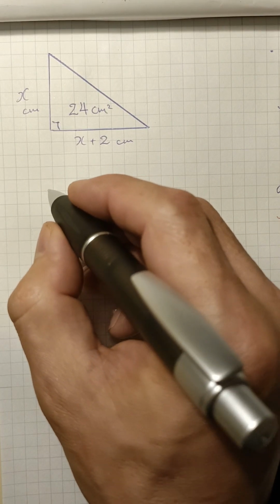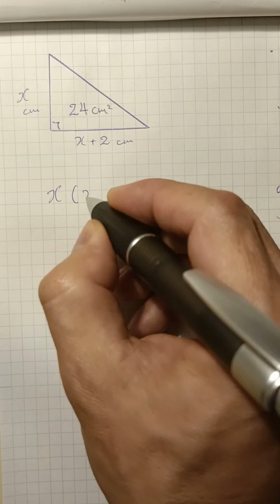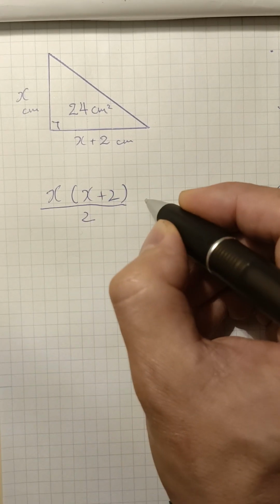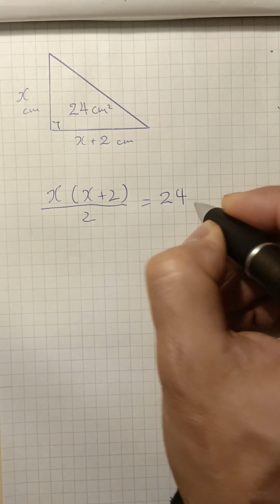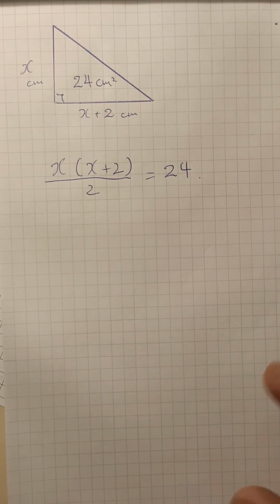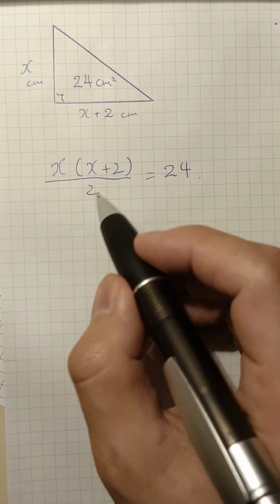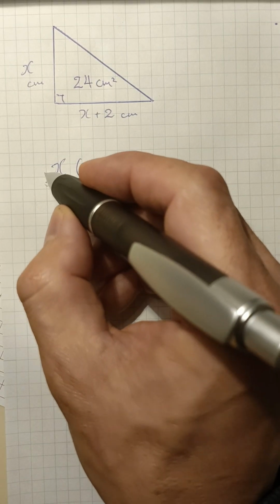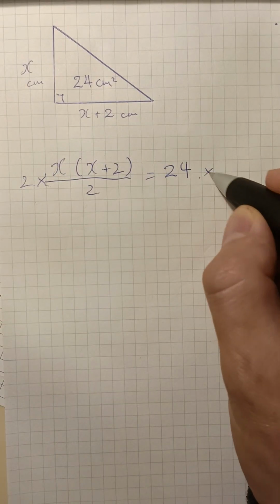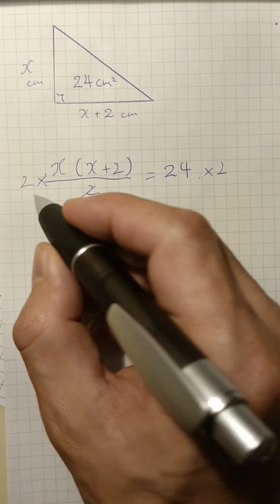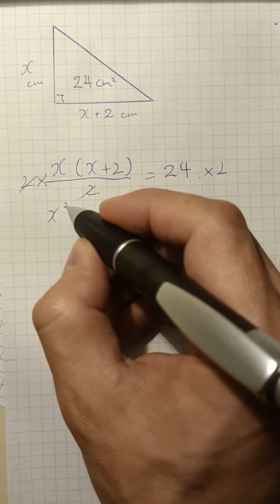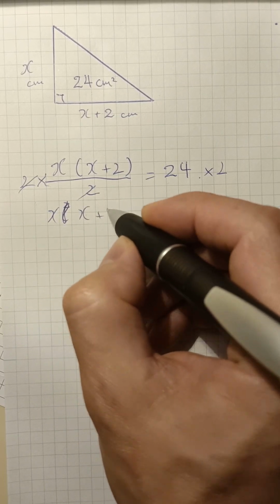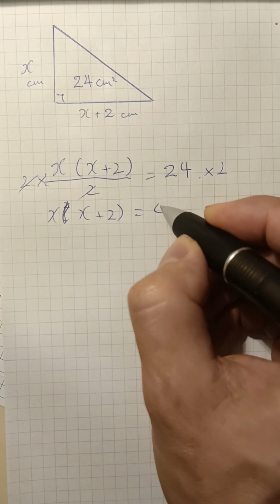So x times x plus 2, halved, is 24. I don't like this half, so I multiply by 2 on both sides to get rid of it. So x bracket, x plus 2 is 48.